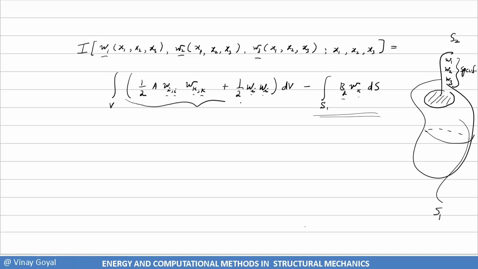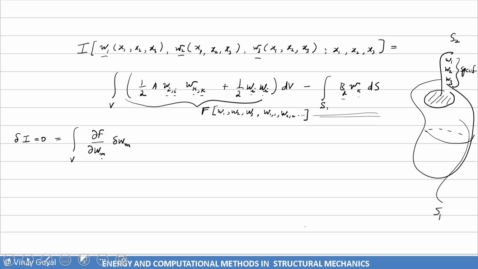So if I call this whole thing F, I find the first variation of I and set it equal to 0. The first step is to really recognize what F depends on. I notice that F depends on functions like W1, W2, W3, and it depends on W1,1, W2,2, and so forth. And so then I have to take the derivative of F with respect to, say, Wm, del Wm.